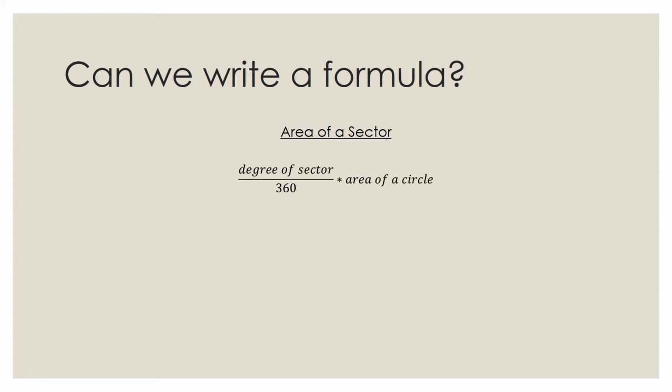So if we write a formula, we can say that the degree of a sector divided by 360 is going to be multiplied by the area of the whole circle, and we will end up with the area of that small piece. So we take the degree of the sector, or of the piece of this circle that we are looking for, we divide it by 360, and then we multiply it by the area.